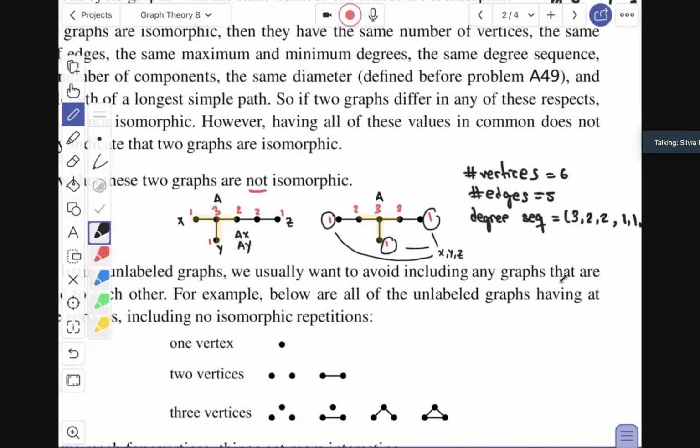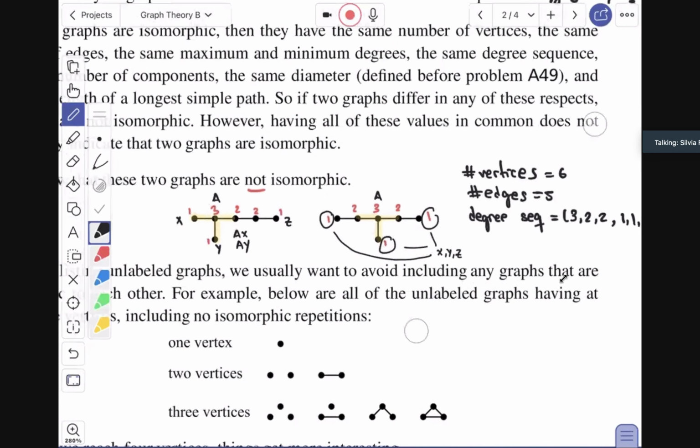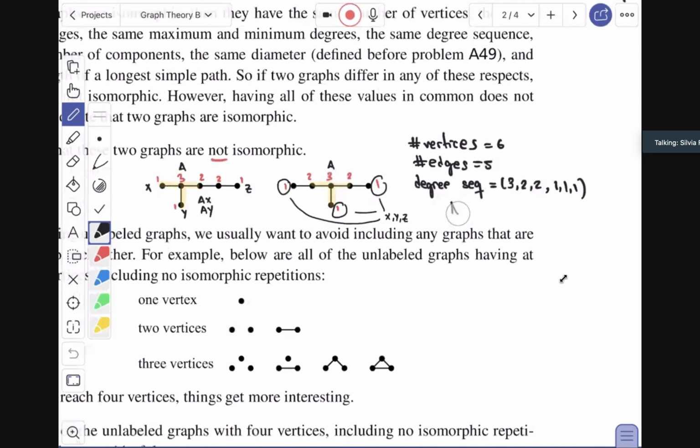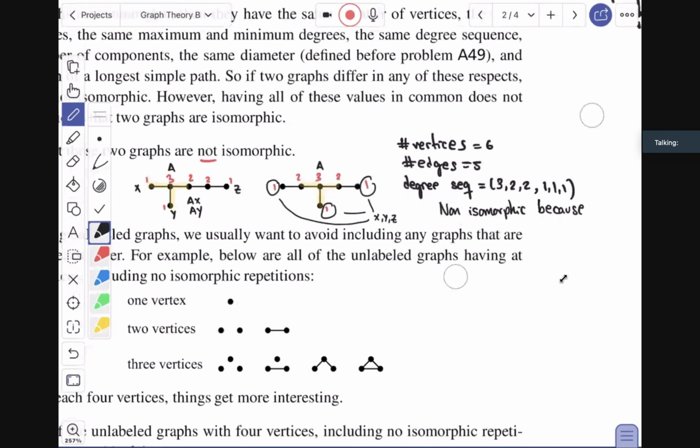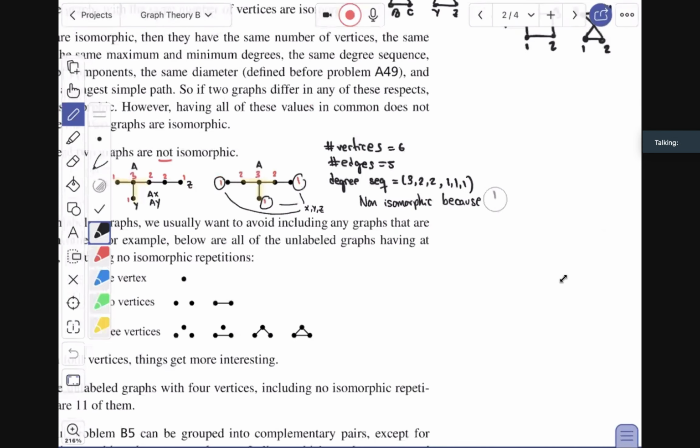The way you can say it is just what I highlighted. Non-isomorphic because the neighbors of A, which is my vertex of degree 3, have a different set of degrees.